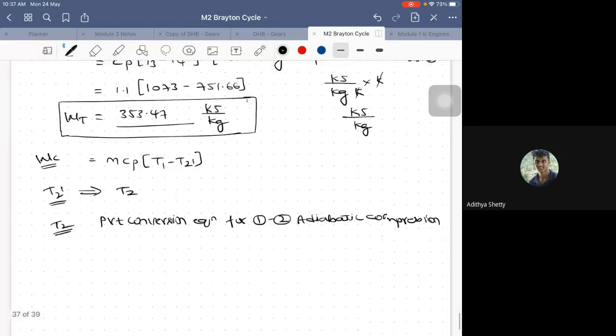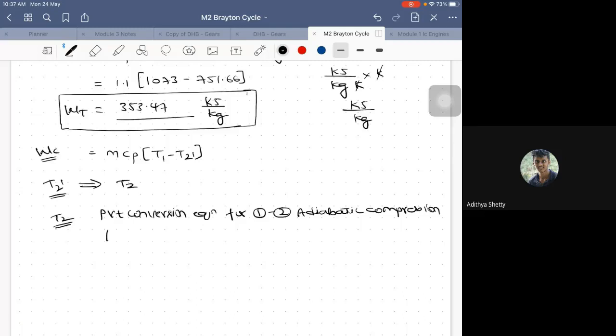For this, you have the PVT conversion equation given as P1 by P2, V2 by V1 whole to the power of gamma, T1 by T2 whole to the power of gamma divided by gamma minus 1. So P2 by P1 is beta. So P1 by P2 is 1 divided by beta.